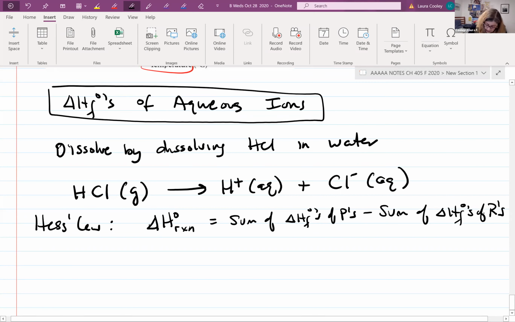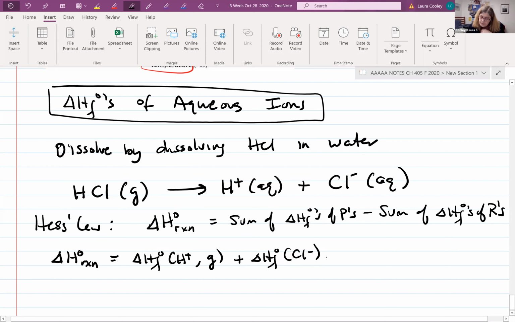All right, so I'm going to write that down for this example. Delta HF0 for this reaction is delta HF0 of H plus, delta HF0 of Cl minus, minus delta HF0 of HCl.